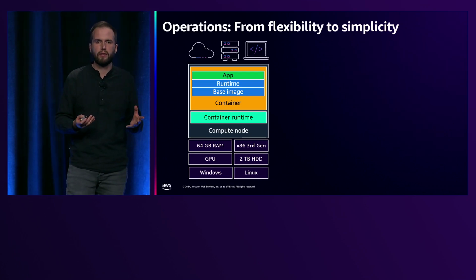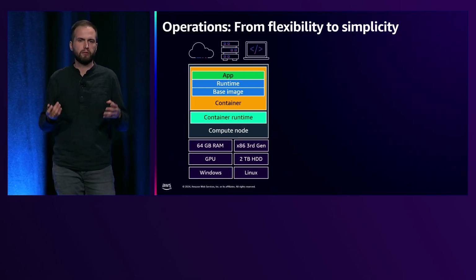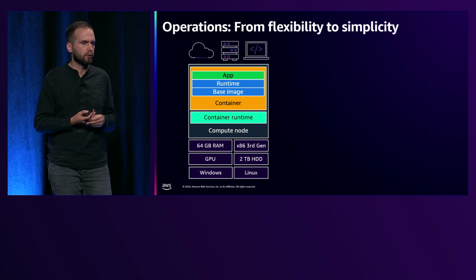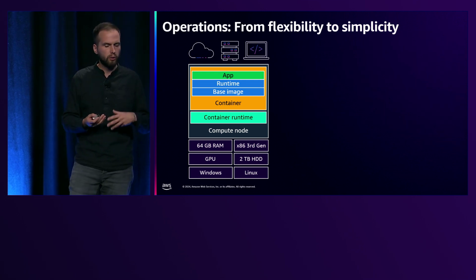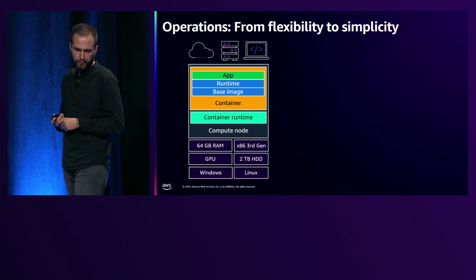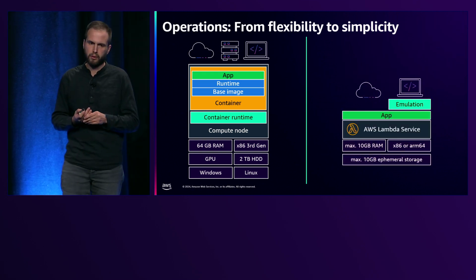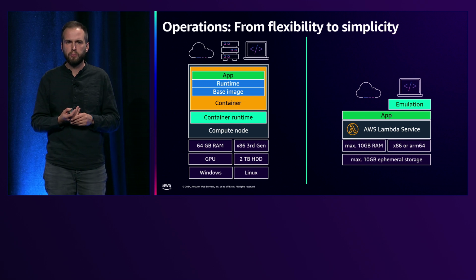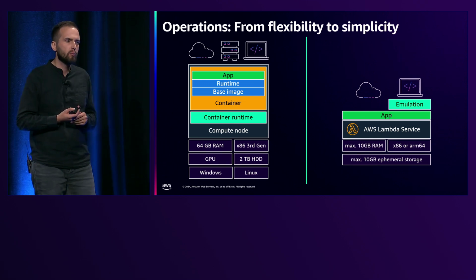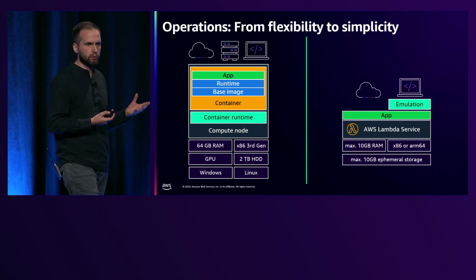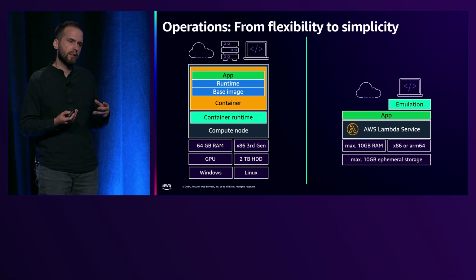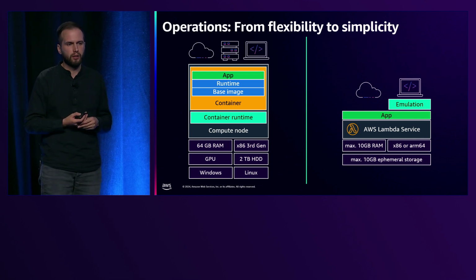And I also get that deployment flexibility, because of the container runtime, I can run the container in the cloud, I can run it locally, I can run it on-prem. Now, functions, on the other hand, provide simplicity. We already have the supported runtimes that we talked about, and we can choose a memory configuration, and then the CPU and the network bandwidth will be allocated proportionally.